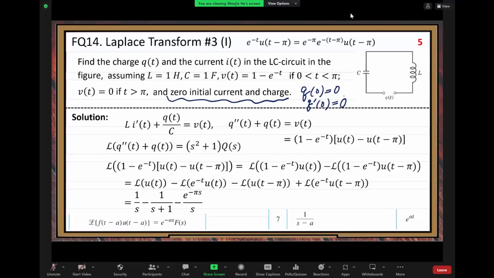We want to apply this formula. This formula has a shift in the f function, same as a shift in the u function. But here you have a pi shift for the u function, but you don't have any shift in the e function. You need to make that shift.